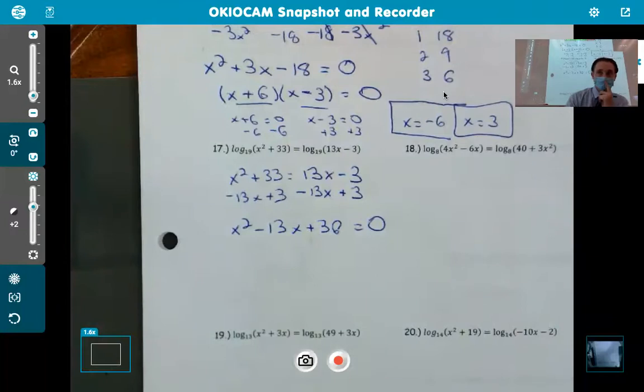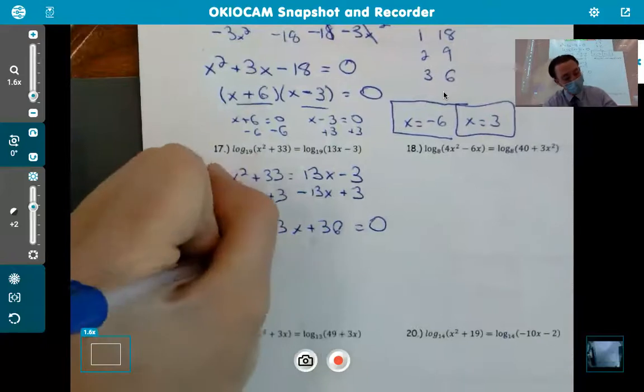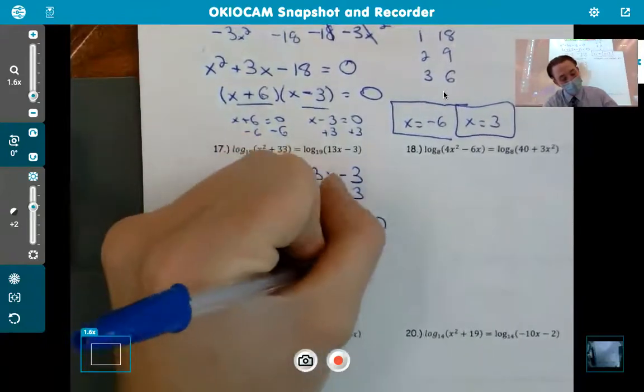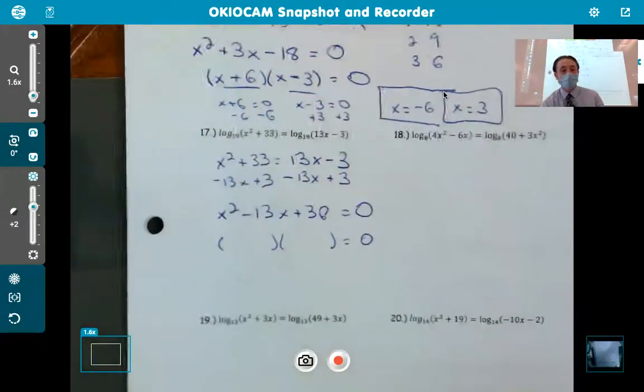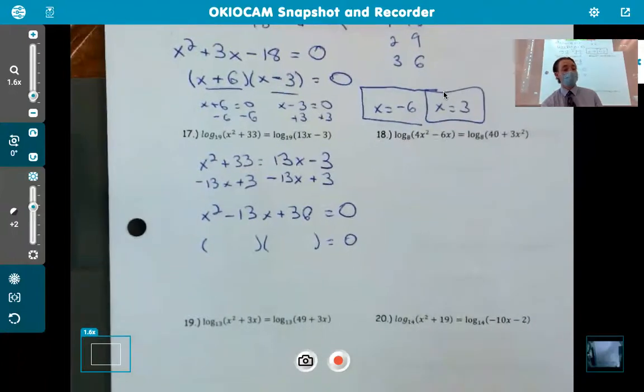Okay. Everybody with me so far? Everybody see how I got to that point? All right. Well, my only way to solve this is to go ahead and factor. What are some factors of 36?